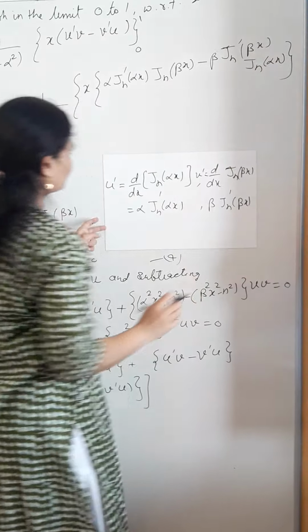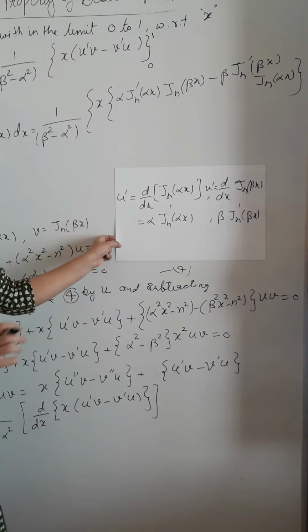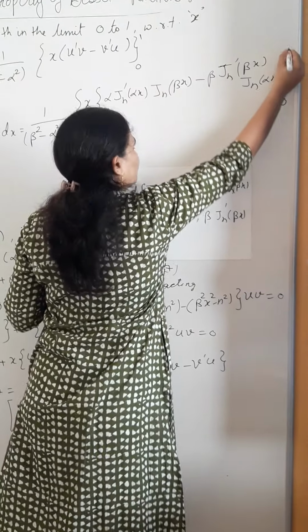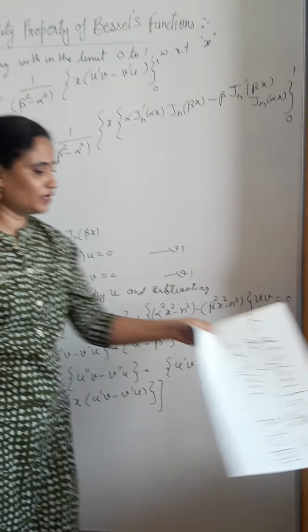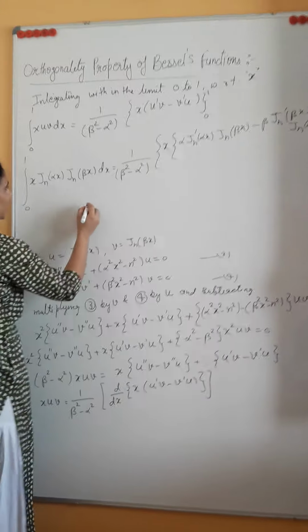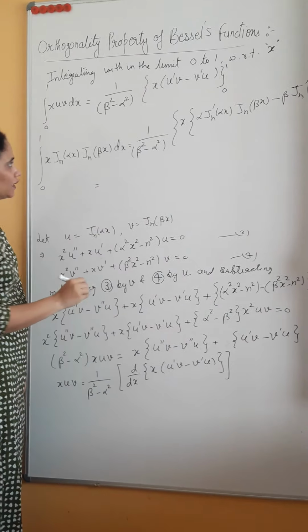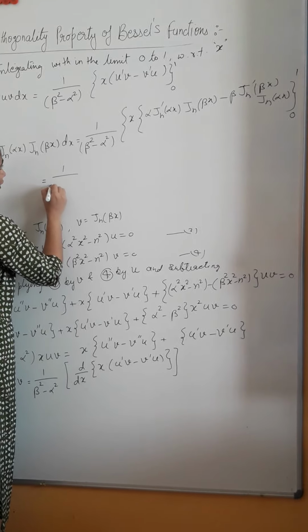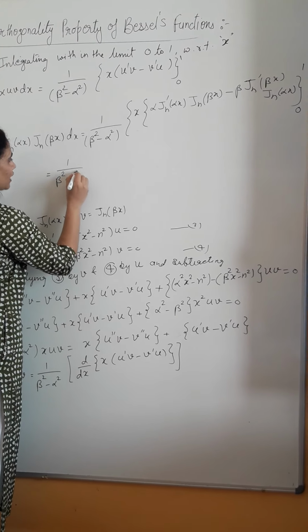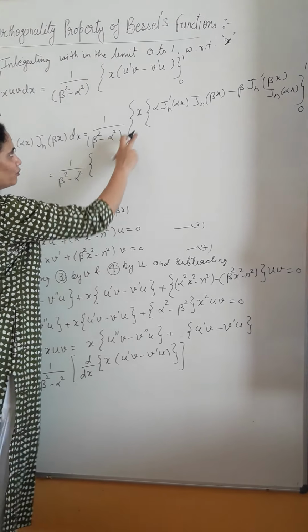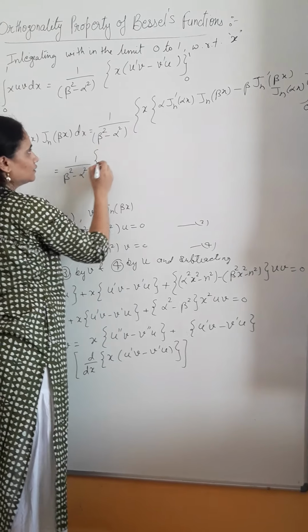So we have got this value of the right hand side. Now the limit is 0 to 1, so apply this limit. When we substitute the upper limit, what are we getting? 1 by beta square minus alpha square. When we put x equal to 1, this is 1.